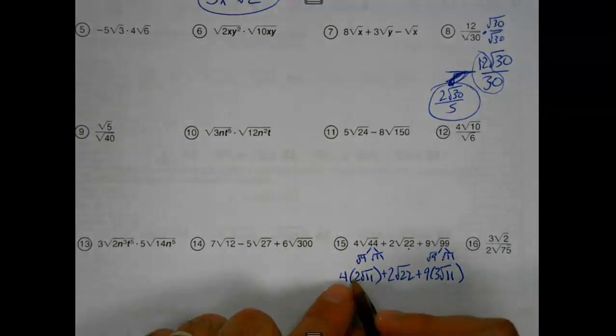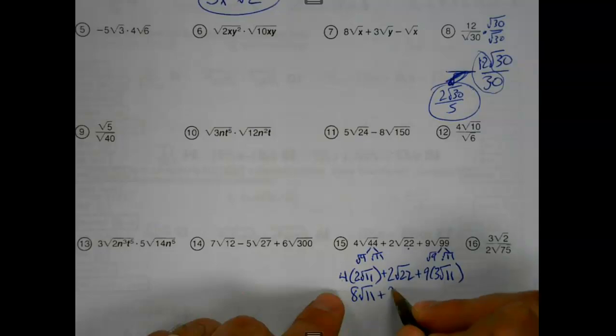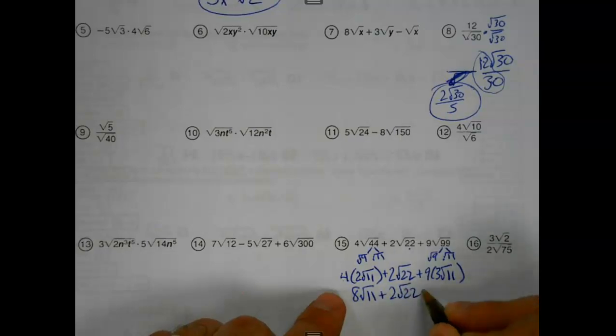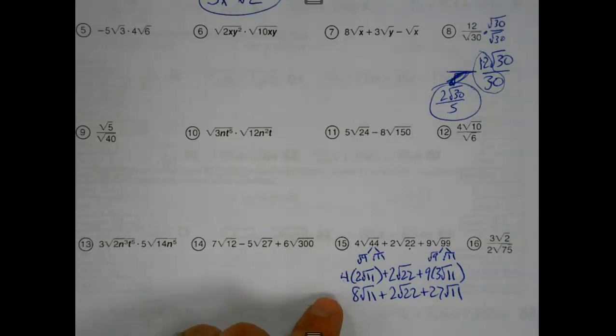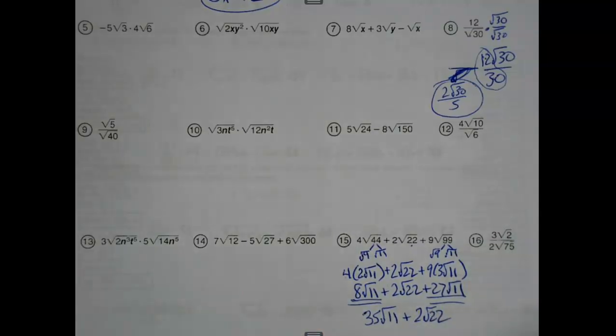So I get to here and I'm like, okay, I know I can multiply those coefficients together. And I'm going along. Now I get to here. These two are like terms. I can put them together. That 2 square root of 22 not only doesn't break down, it's not a like term. That's as far as you can go.